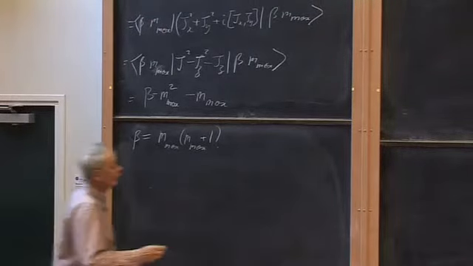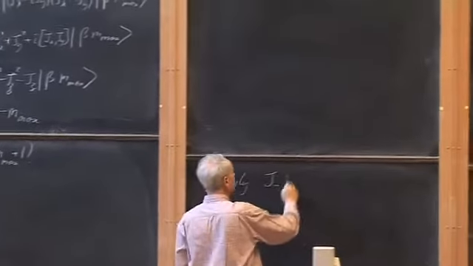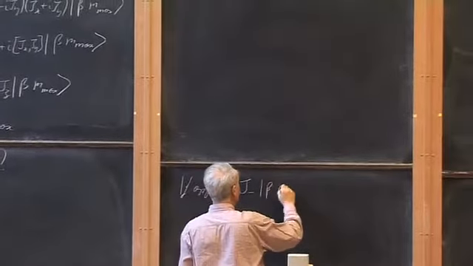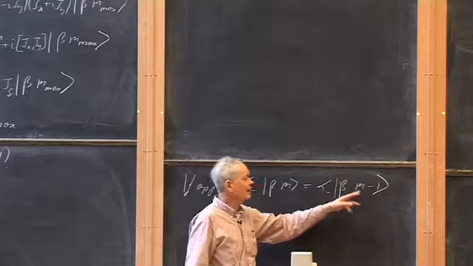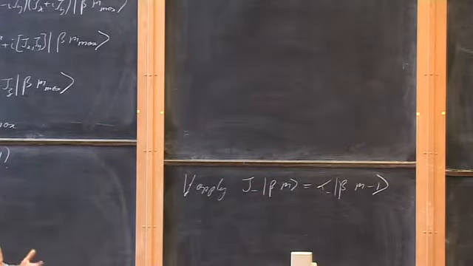So if we apply j minus to beta m, I claimed that this was alpha minus beta m minus 1. So let's imagine m starts off positive. As we take units from it, it's going to get smaller. And if we keep going, presumably it'll become negative, and m will start to be a negative number of growing magnitude.